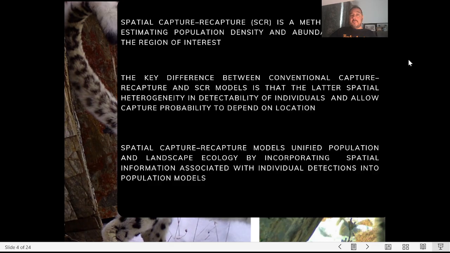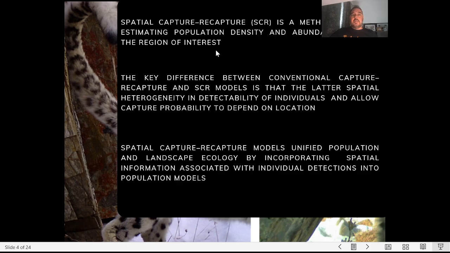So remember, population density. We will have a number, and of course we can extrapolate the number, but that number can be extrapolated only within this region of interest or integration region, that we will see in more detail.